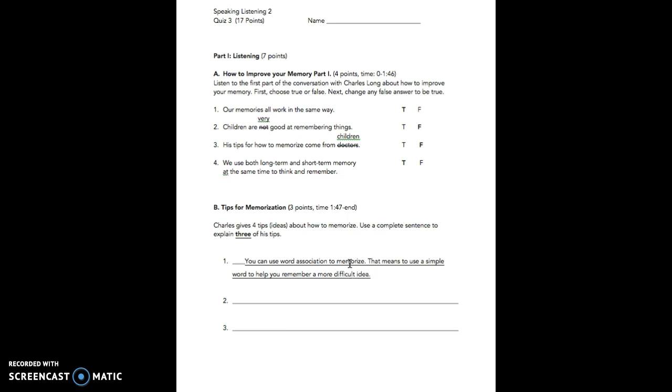So he used the example of, maybe you're trying to memorize a math equation and you are trying to memorize it with your dog sitting there. So maybe the name of your dog will help you remember that math equation.